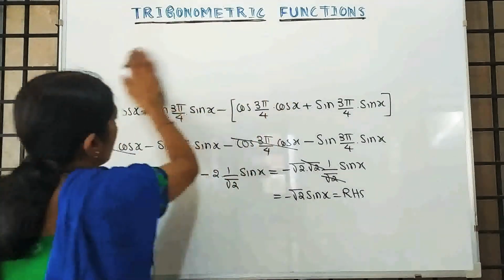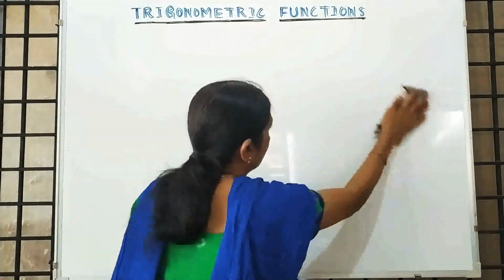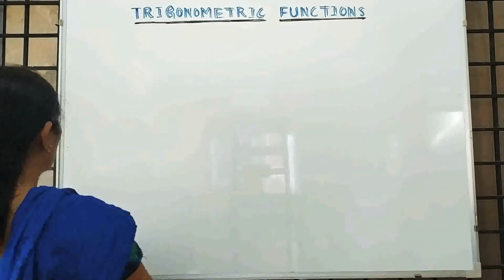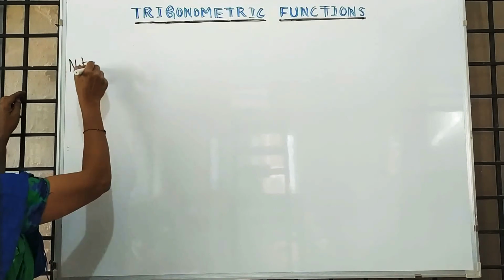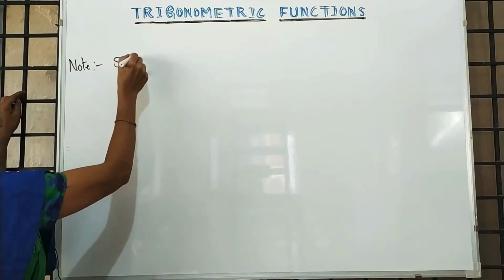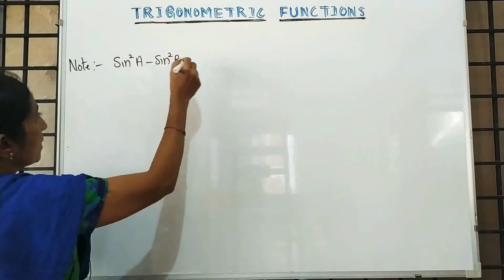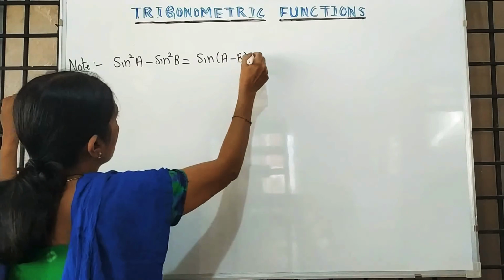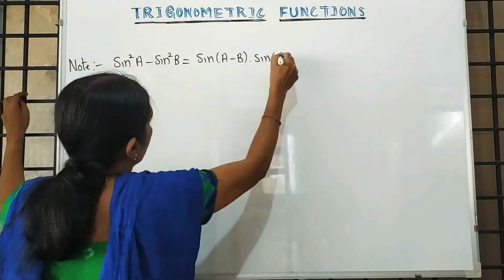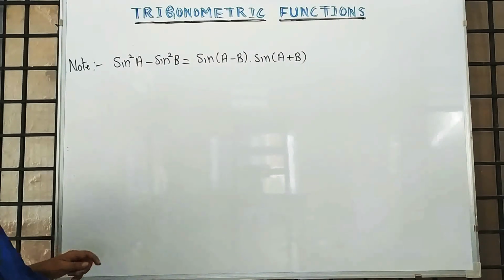Before moving to the next example, I will give you one important formula. Write down that note. Sin square A minus sin square B is equal to sin A minus B into sin A plus B. So depending on this we have the example.